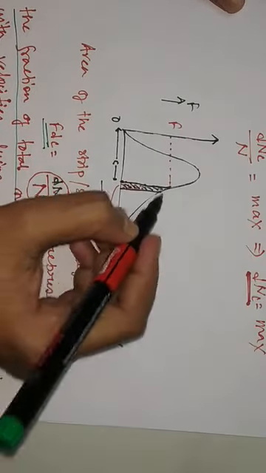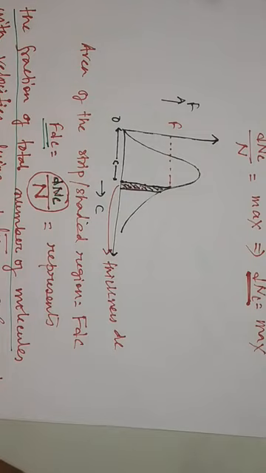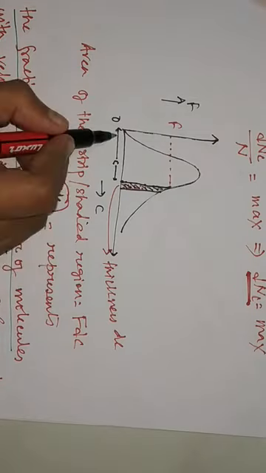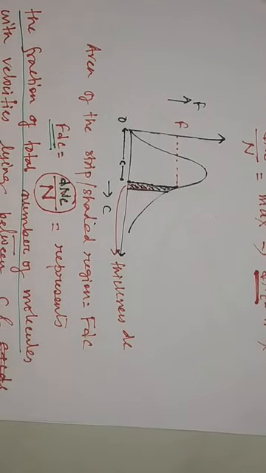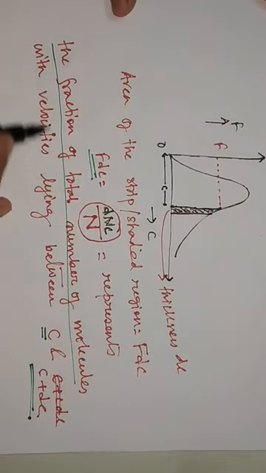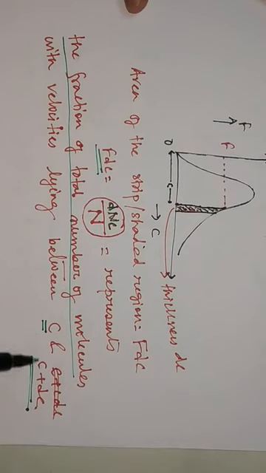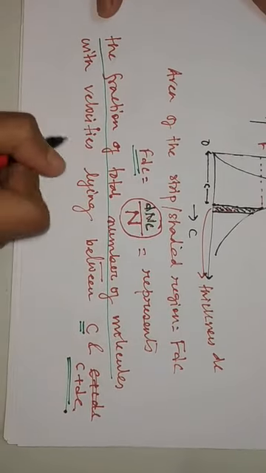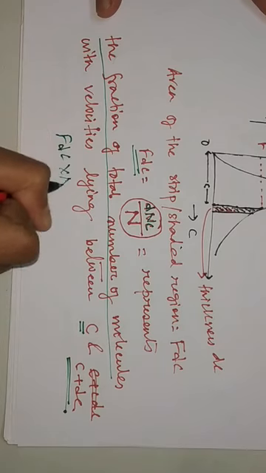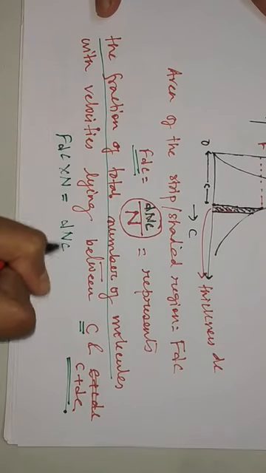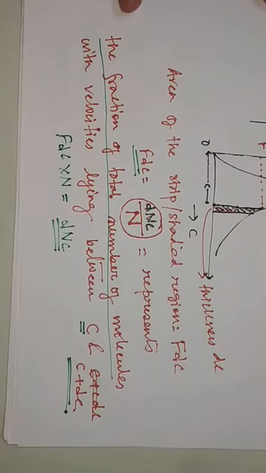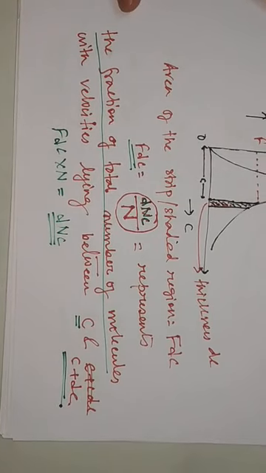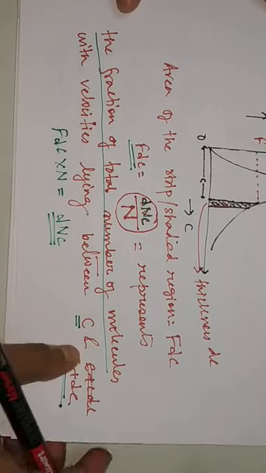So from the curve, if we take a strip of thickness dc at a distance c from the origin, it will give us the fraction of total molecules with velocities lying between c and c plus dc. And if we multiply f dc by the total number of molecules, we will get dn_c, the number of molecules moving with velocity between c and c plus dc.